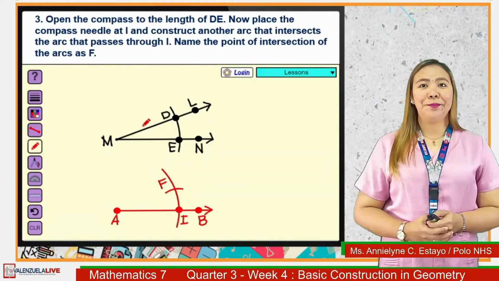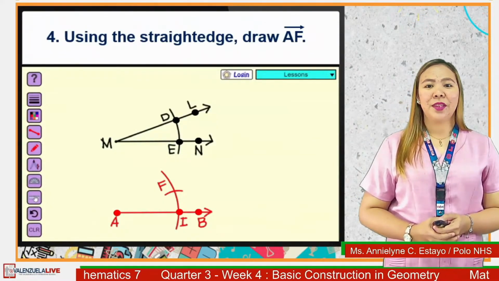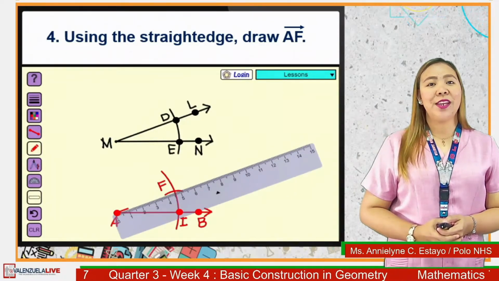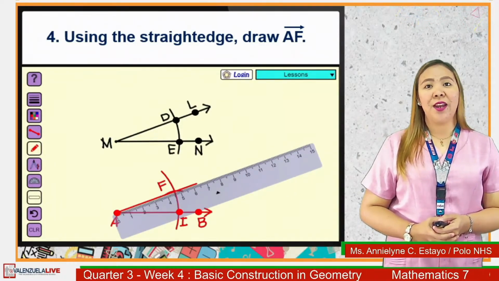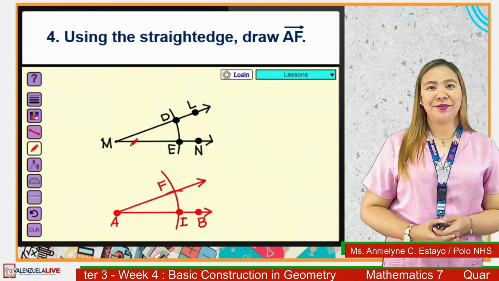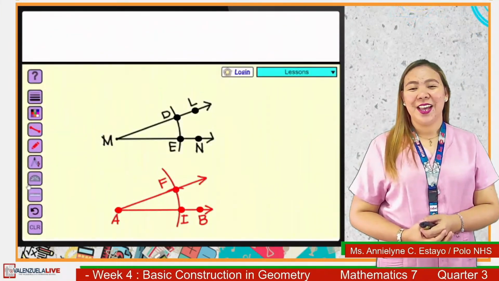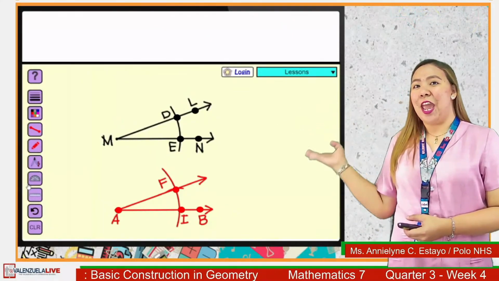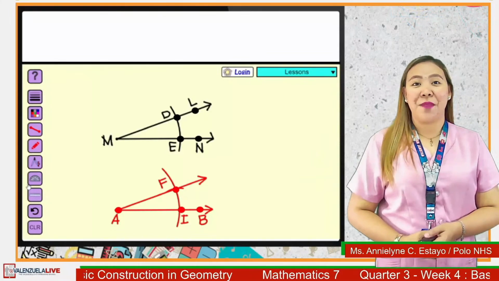For the last step, connect points A and F using a straight edge to construct ray AF. Let us check if angle LMN and angle FAI have the same measures.